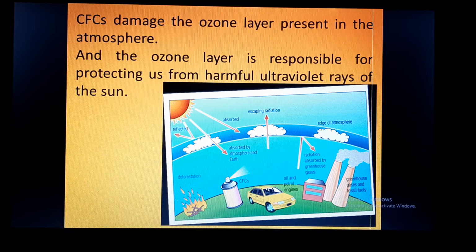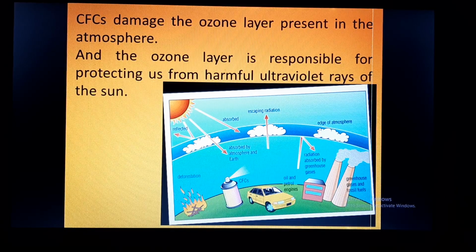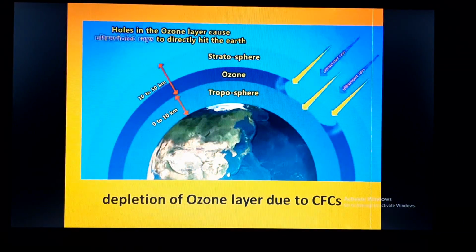We know that ozone layer depletion is a major concern these days, and the ozone layer is responsible for protecting us from harmful ultraviolet rays of the sun. So as we increase the use of CFCs, there is more depletion of the ozone layer and therefore more harmful ultraviolet rays are reaching us. Therefore, there is more occurrence of skin cancer, skin related diseases and eye related diseases.